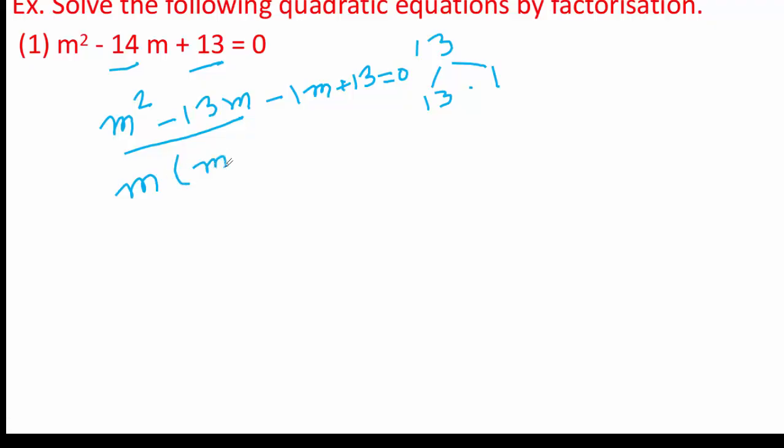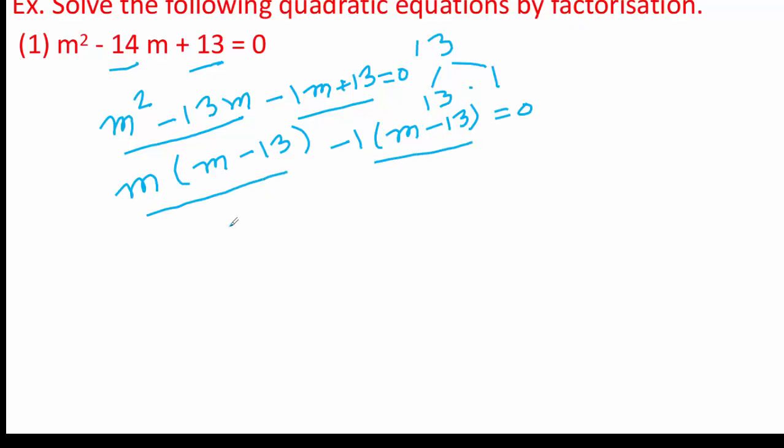In the bracket, m minus 13 is there. From these two terms, I shall take minus 1 common, and in the bracket m minus 13 is there, equal to 0. Now, the bracket m minus 13 is common. Therefore, I shall write m minus 13 one time and the remaining terms in the other bracket, m minus 1, equal to 0.